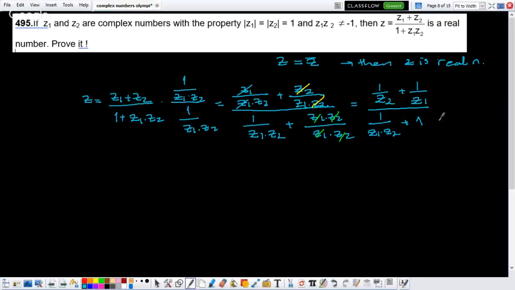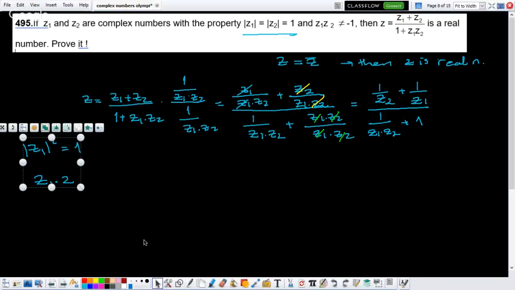Okay, what I'm going to do here seems a bit weird. Here, this information I'm going to use. I know that Z1 module square is also equal to 1, which means Z1 times Z1 conjugate, also Z2 times Z2 conjugate.